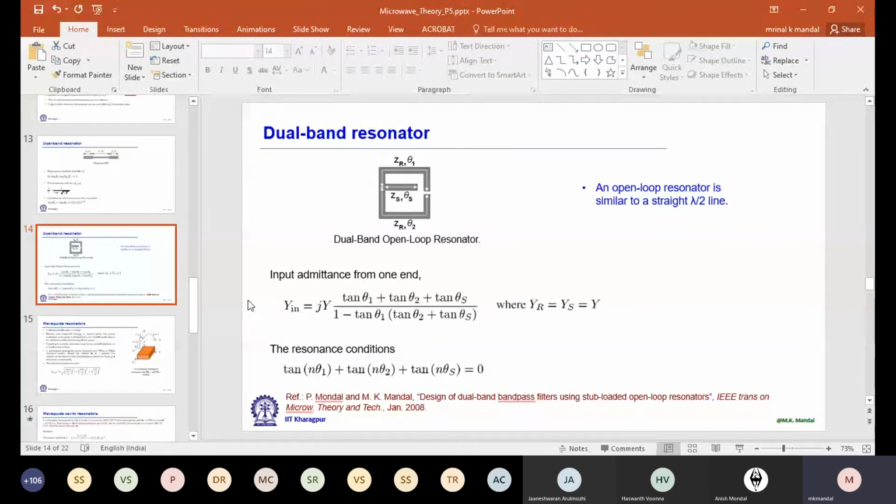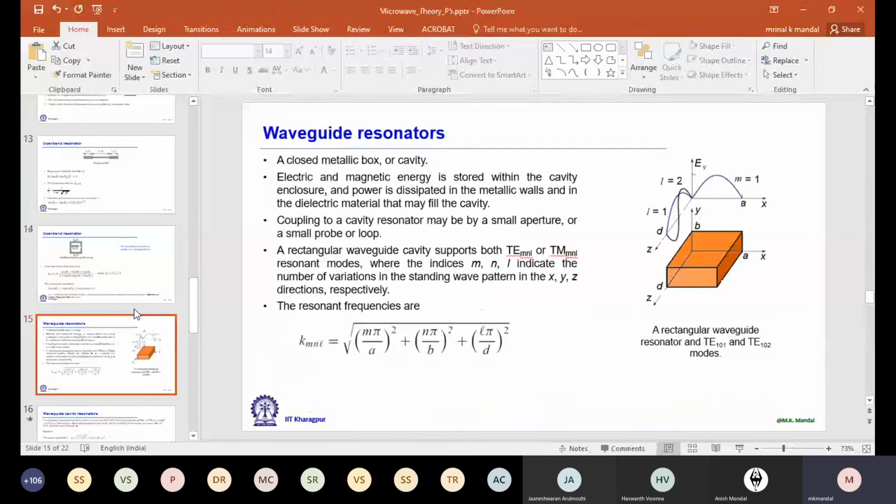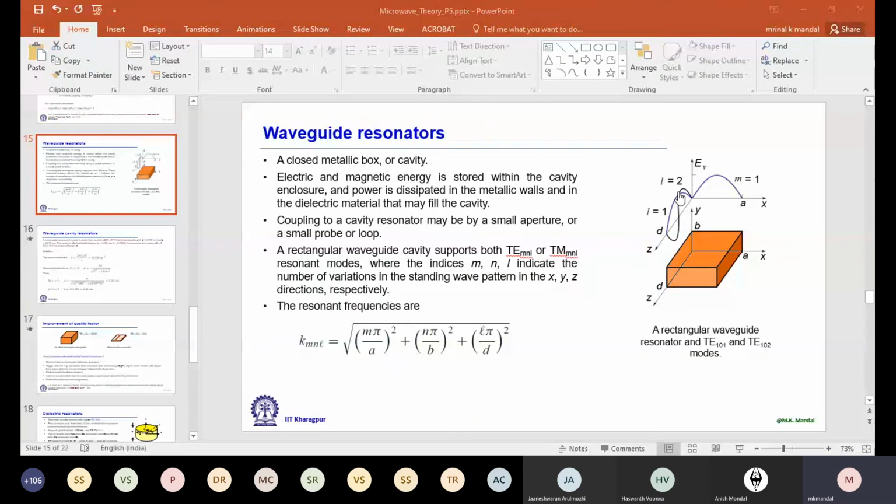Well, then the next part is the waveguide resonator. So the same thing applies here. Let us start with the rectangular waveguide section. So we have to take a piece of rectangular waveguide. Now for a rectangular waveguide, if I keep both ends open circuited, we have a problem.